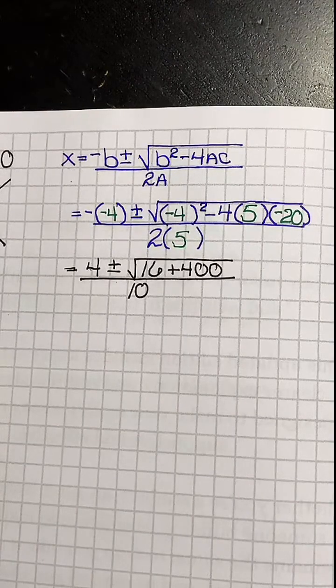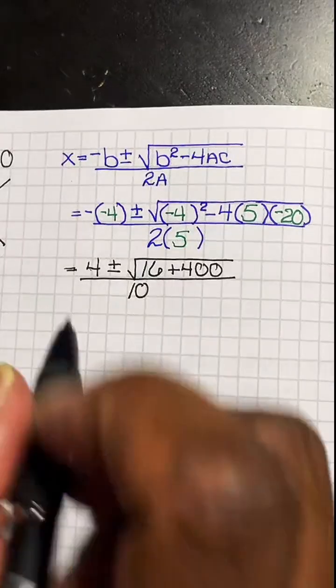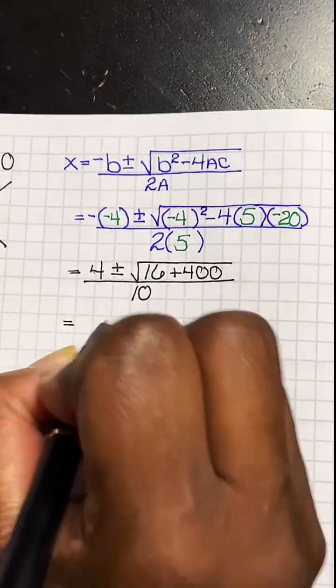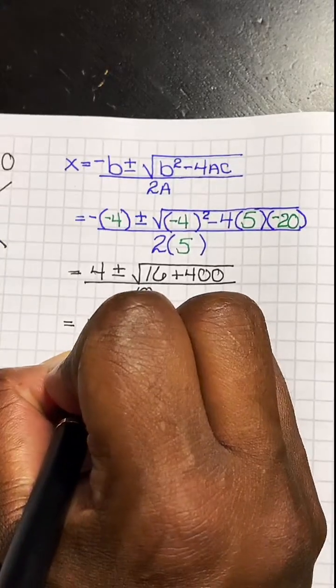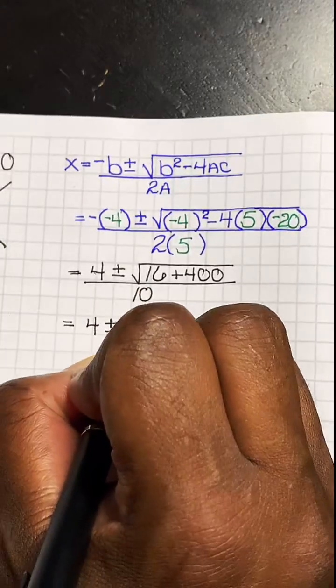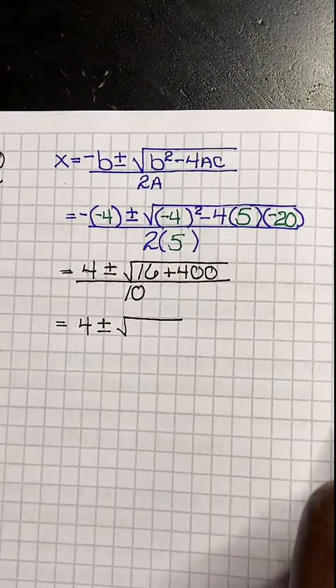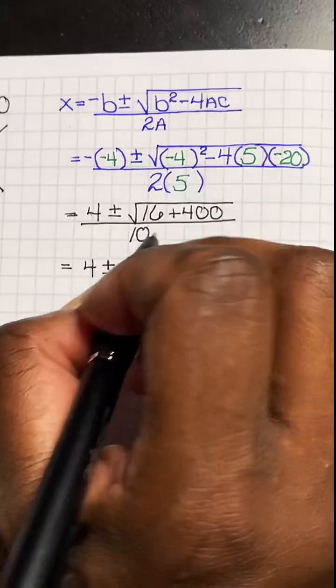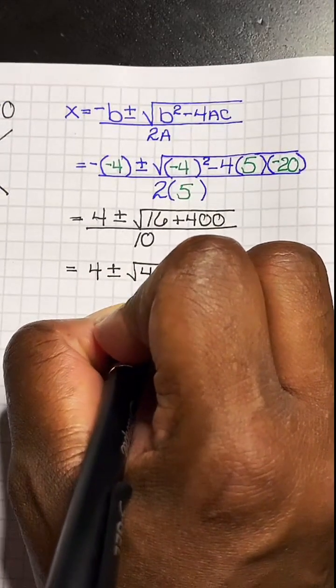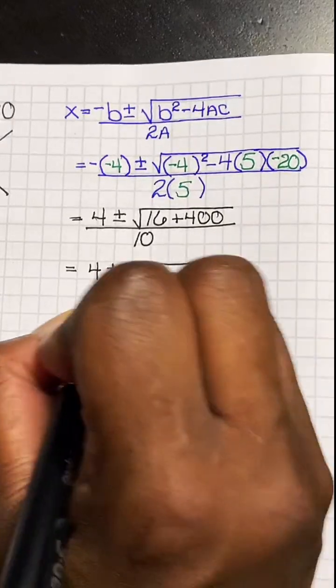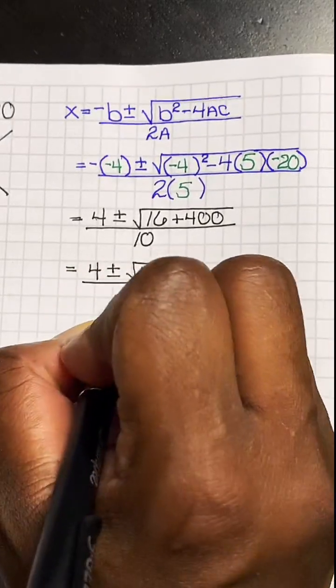You can use the same A, B, and C. So now we bring down our 4, plus or minus 16 plus 400. So 16 plus 400, that gives me 416 over 10.